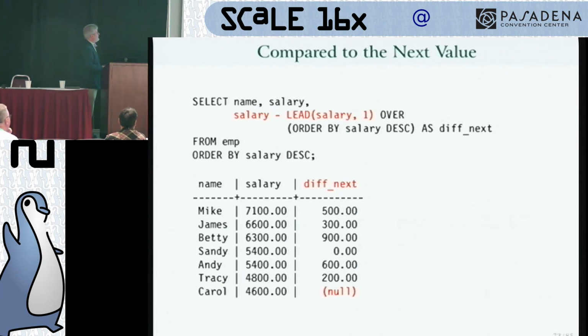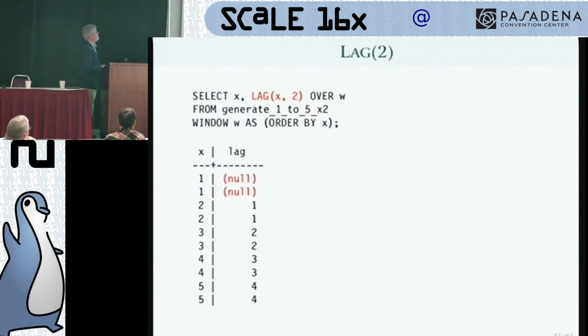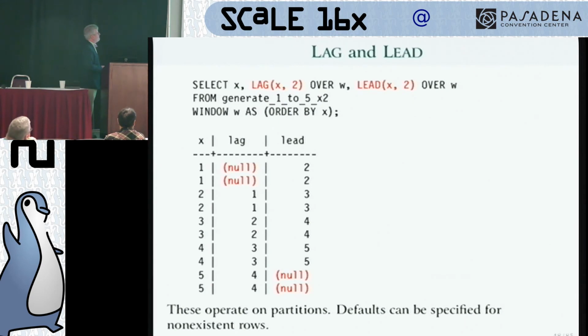So shouldn't Sandy and Andy show the same thing? These operate on partitions, so they have no peers. It doesn't matter.